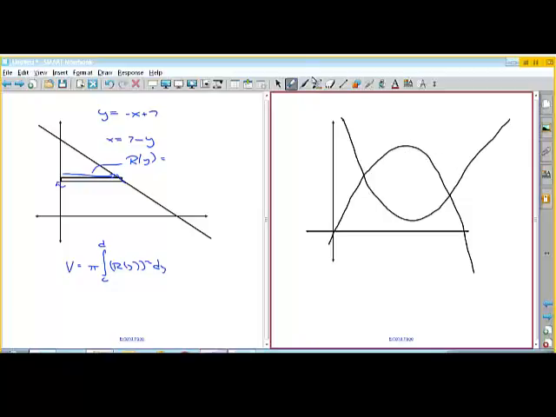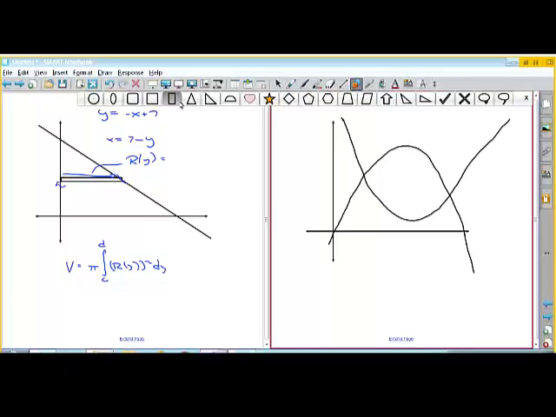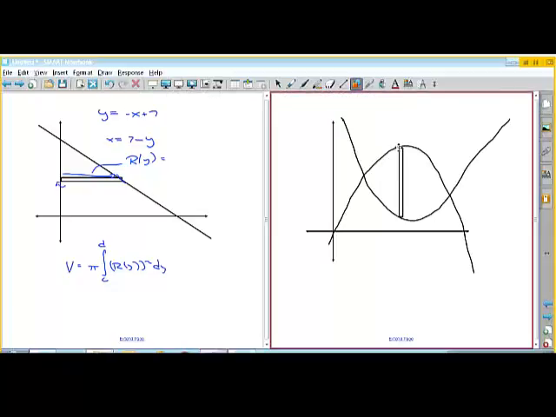And so you'll have to make some decision relative to, is the disk or washer method the better idea, or is the shell method? So make sure you understand those decision-making points. So the way you do that is you create a rectangle and you look at what's the situation depending upon the orientation of the rectangle.